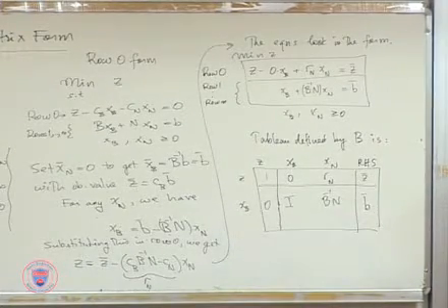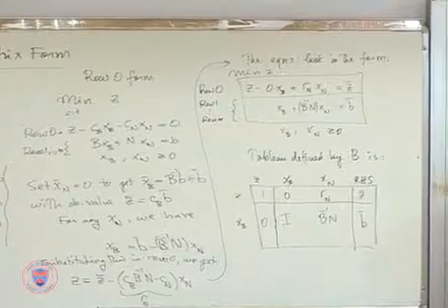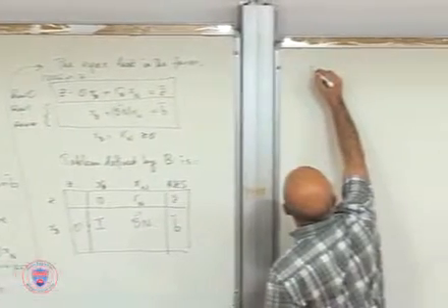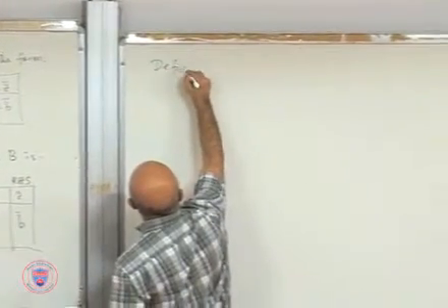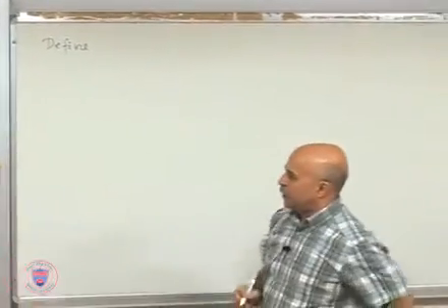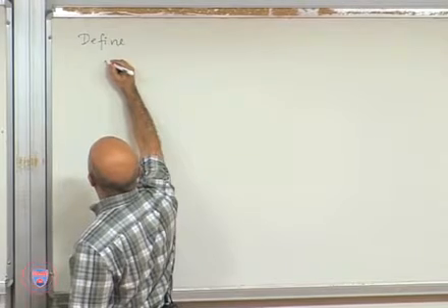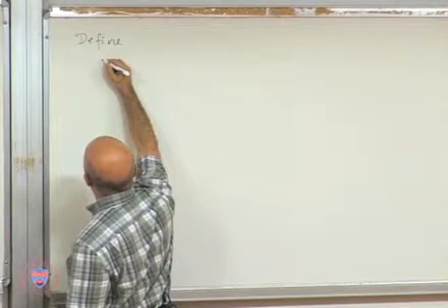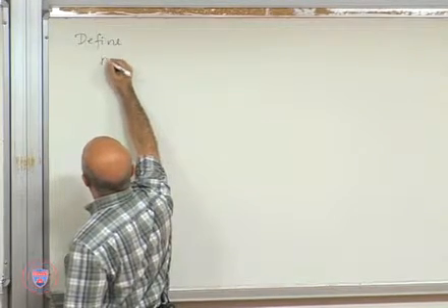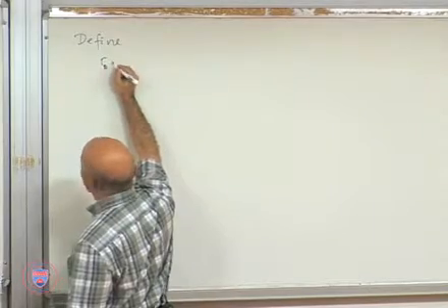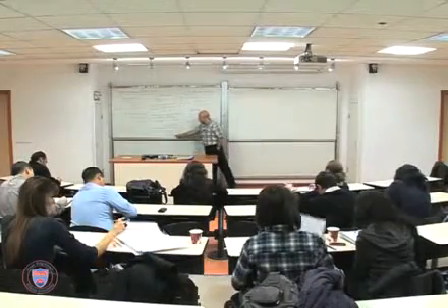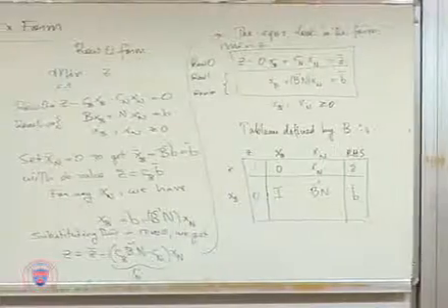Now, let me just define a few other things here. Let's define R sub B, similar to R sub N. How do we do it?